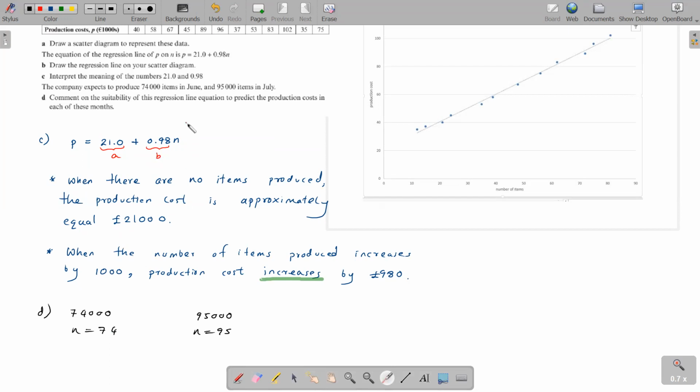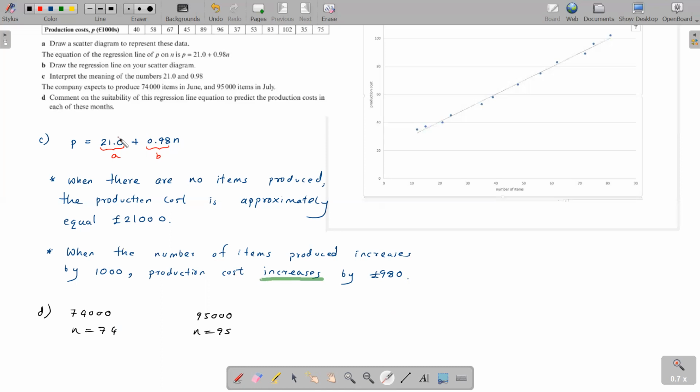All you have to do is go to the equation, replace n with 74, and immediately you get the p-value, the production cost. Next, you input n as 95, multiply with 0.9, add the 21, and immediately you get the production cost. Right, guys? So that's the production cost.